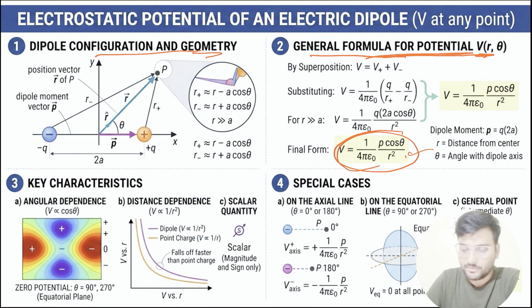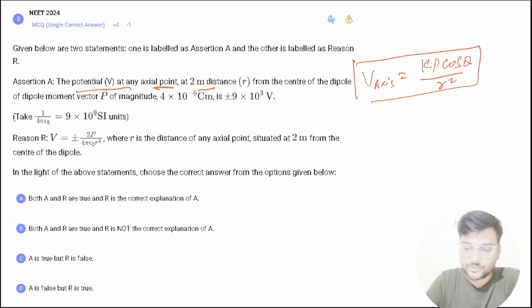This formula is important. The graph of this will be like this. In the special case, at 180 degree or 0 degree, we get the same formula. Nothing will change here. Now we are discussing the question. The axial formula of this dipole will be this one.